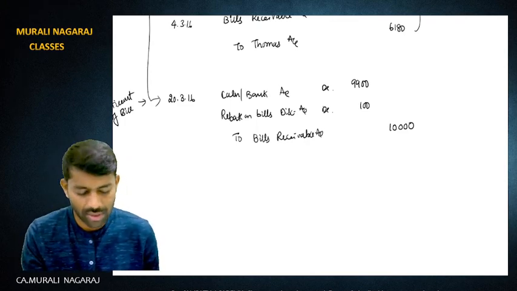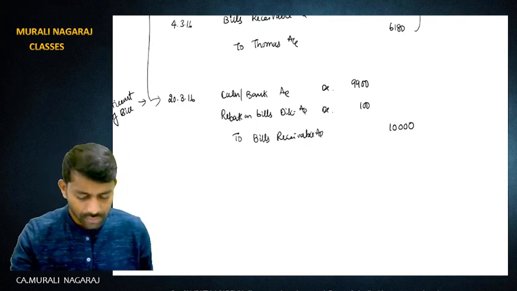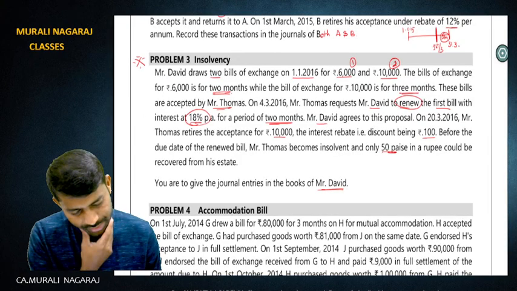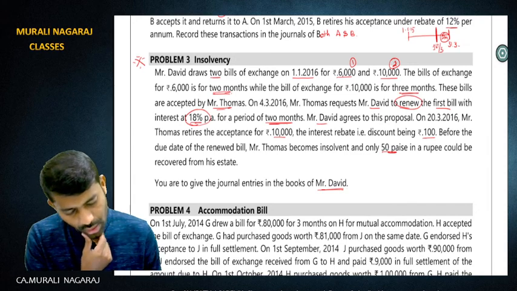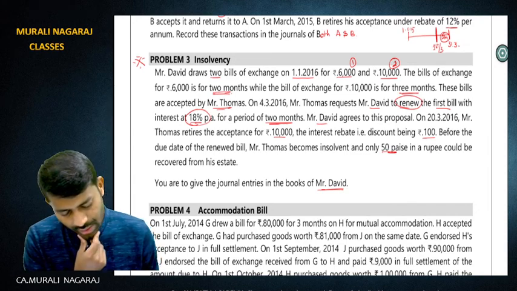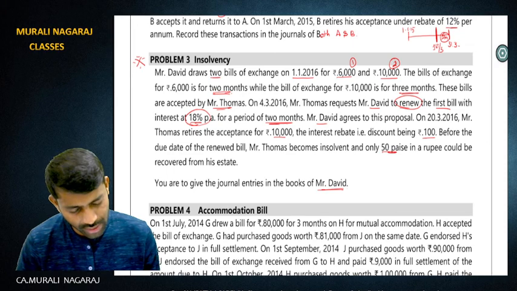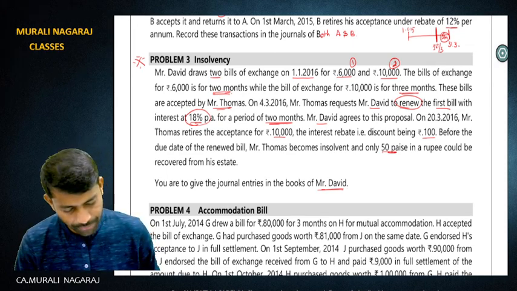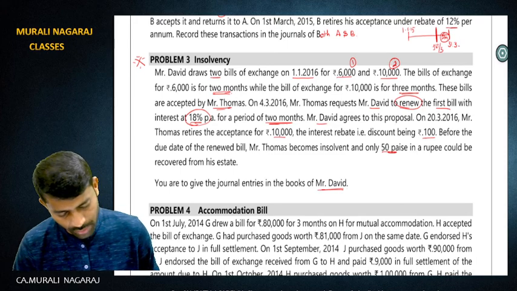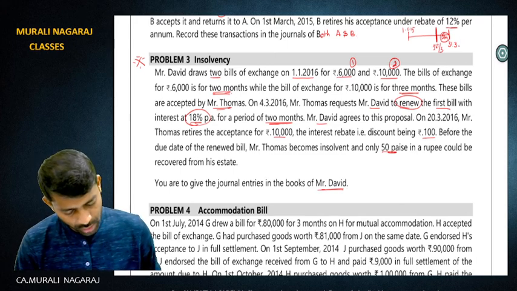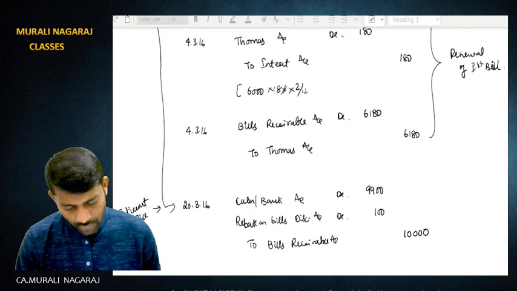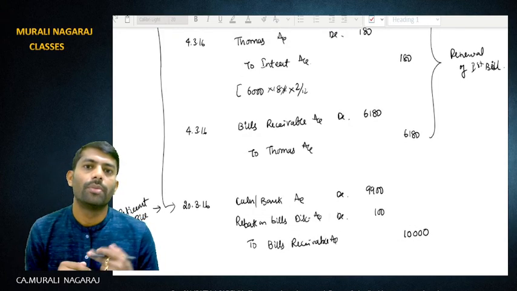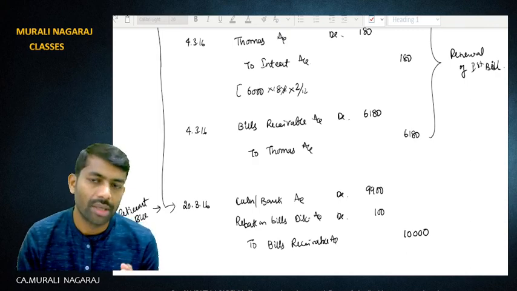It is a mature honor. Next we go for when he becomes insolvent. He has become insolvent before the due date of the renewed bill, Mr. Thomas. We don't know exactly what the due date is, so let us put it on 4/5, 4/3 plus 2 months.